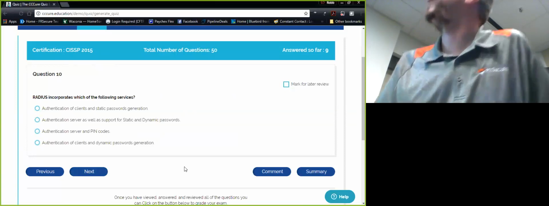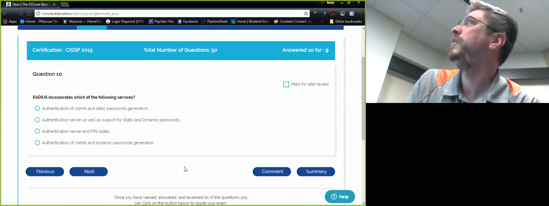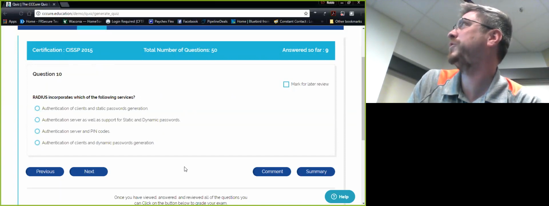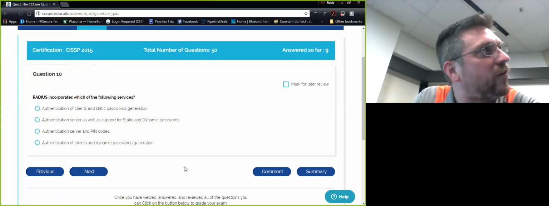RADIUS incorporates which of the following services? Authentication of client and static password generation. I don't think it does static, I don't remember. Authentication server as well as support for static and dynamic passwords. Or client and dynamic. I think it's, oh gosh. So RADIUS is the first one, right?